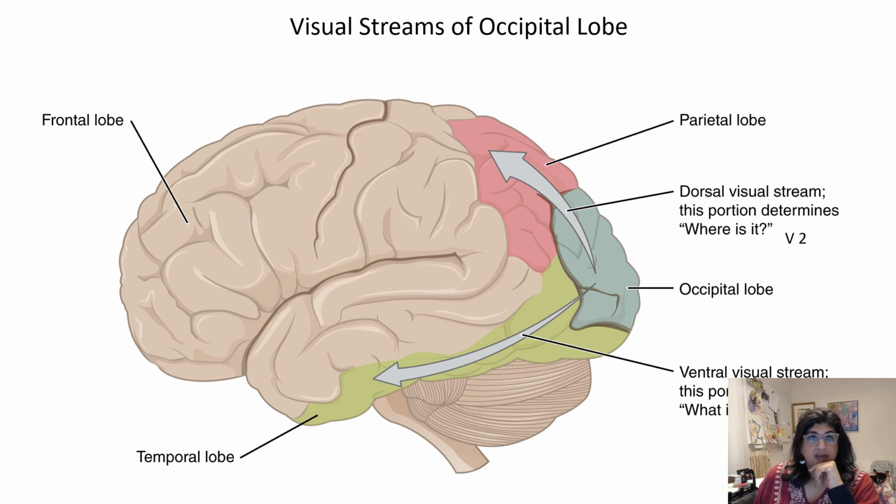If you want to read about these visual streams in more depth, you can in your book, but our brain is really complex in the way it processes visual materials. There is a stream that processes where something is and a stream that processes what it is. And so those are sent to other parts of the brain to fully process what we're seeing.